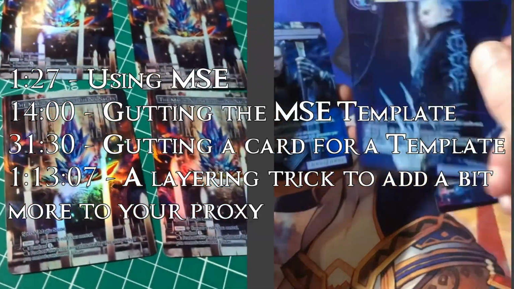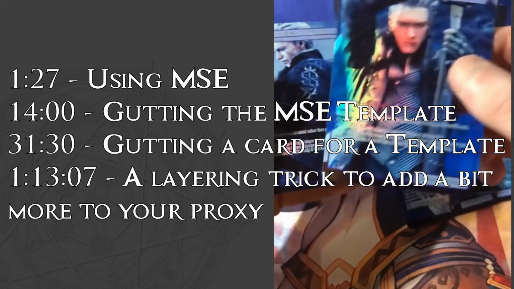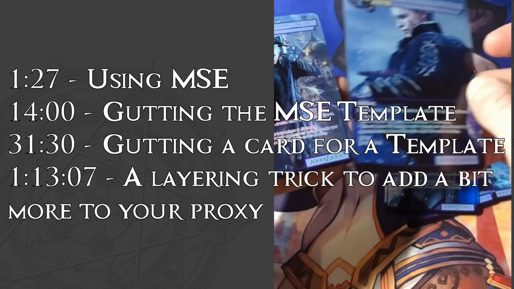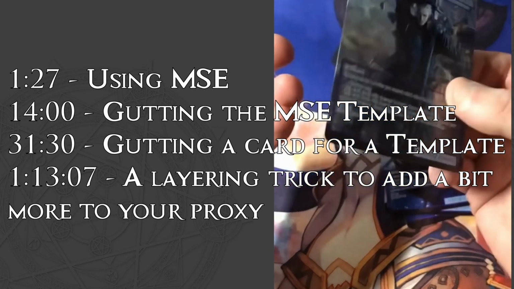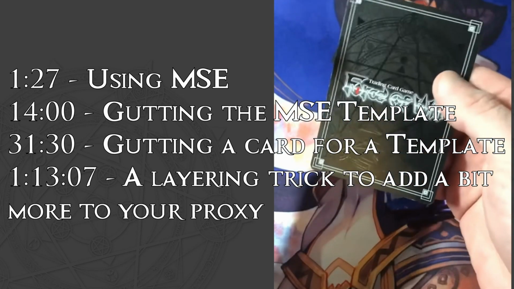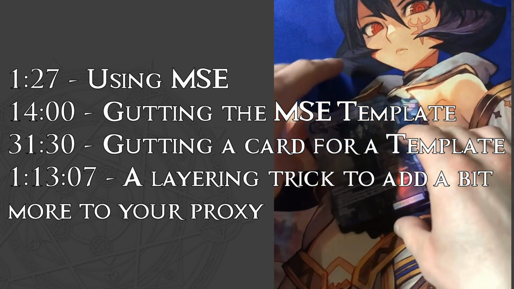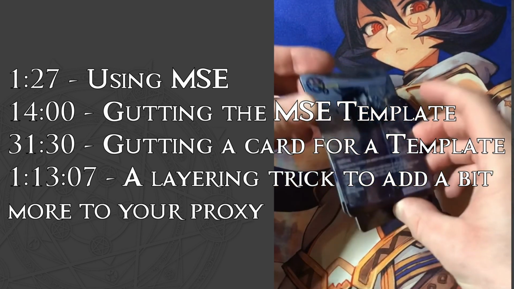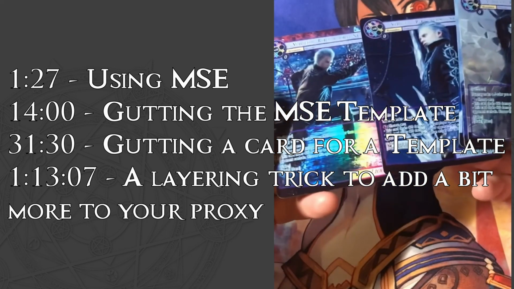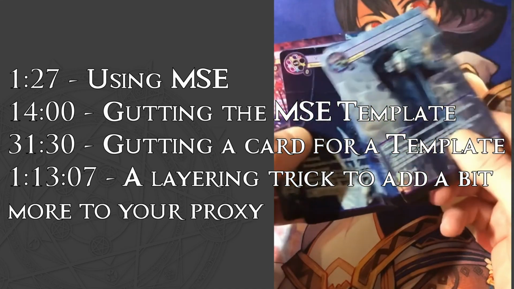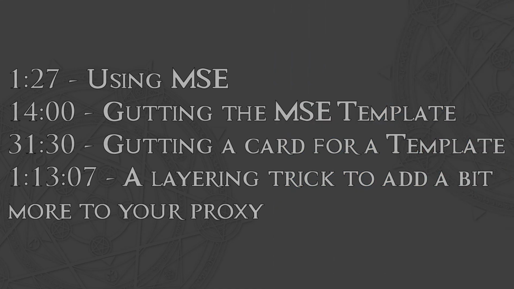The last part will be butchering a card, gutting it out and swapping in some artwork. And at the very end we'll show some more layering tricks. The major takeaway from this video is learning how to use layers, and use them better than I do.